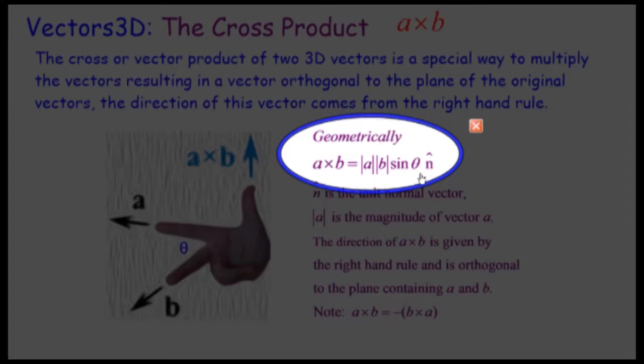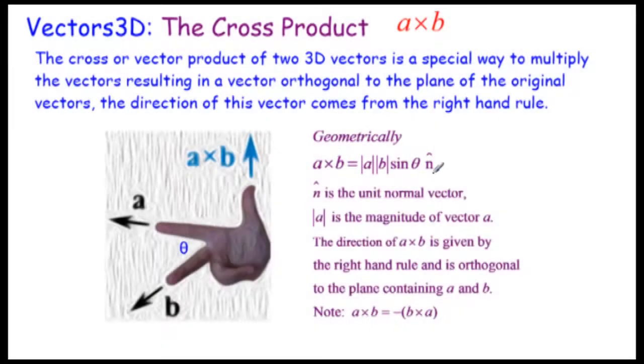Because the magnitude of n hat is 1, the magnitude of A cross B is just the magnitude of A times the magnitude of B times the sine of the angle in between them. Just to recap, n hat is in fact the unit normal vector to the plane of A and B.